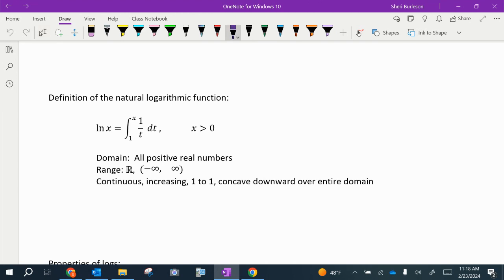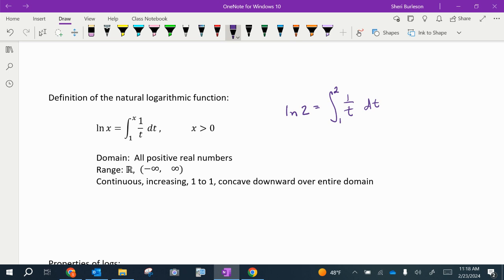So when we look at this as a function, it is a function because if I say the natural log of 2, that just means I want the integral from 1 to 2. I replace the x with the number, just like I would for any other function, 1 over t dt. And now this is a definite integral, which means this answer will be a number.